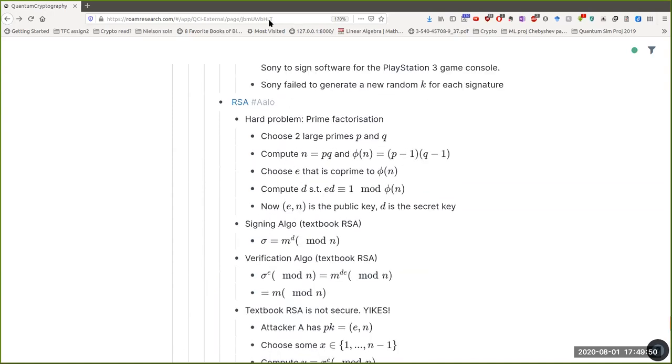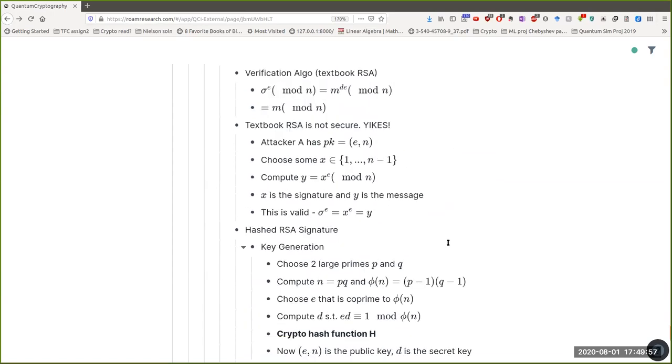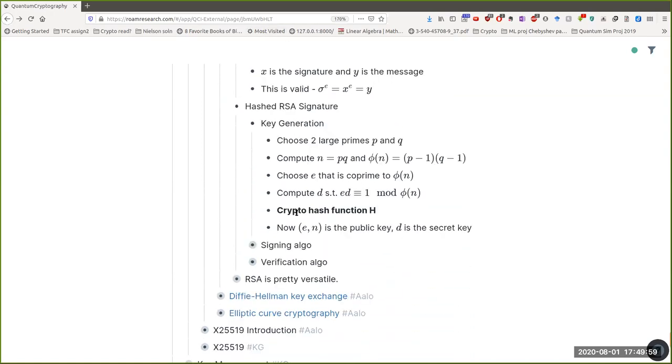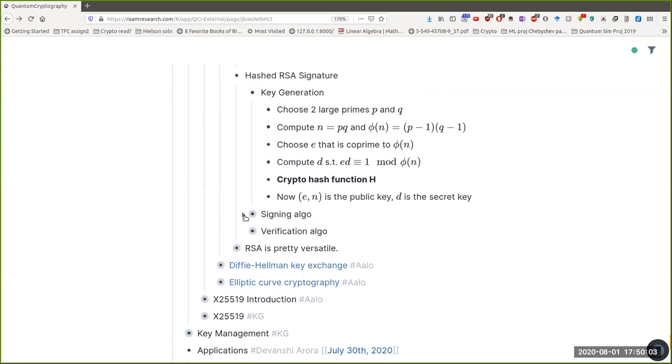So the only difference here is that you have this entire hard problem, prime factorization, everything's the same, but now I have my cryptographic hash function H. And remember, in digital signatures, I was telling you that a hash takes messages that can be of arbitrary length. Mathematically, we define it as {0,1}*, binary messages, star.